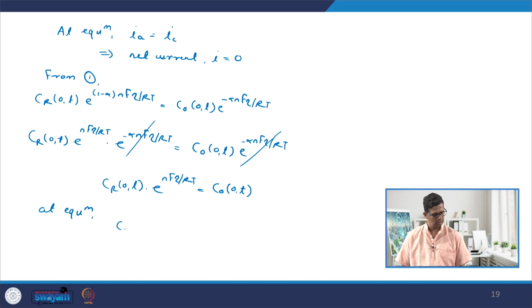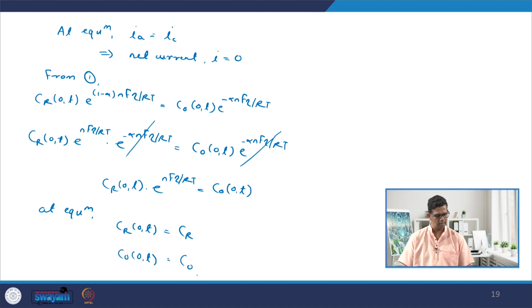So this C_R(0,t) is nothing but C_R*, that is again, the bulk concentration is equal to the surface concentration, and C_O(0,t) is equal to C_O. So let me write this as, sorry, it should be only C_R and C_O.